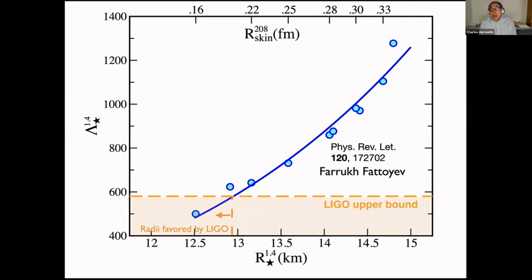As we heard, the gravitational wave observations place an upper bound on the deformability. And so this dashed yellow line near the bottom of the figure is perhaps the most aggressive upper bound. This upper bound assumes the deformability of the two stars are based on the same equation of state, and it has some model dependence.